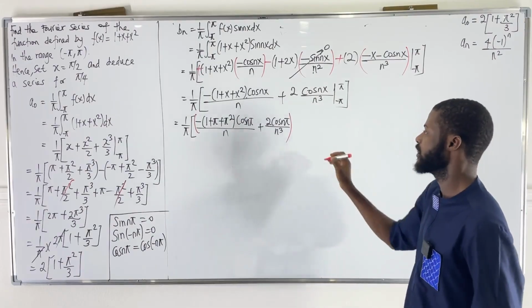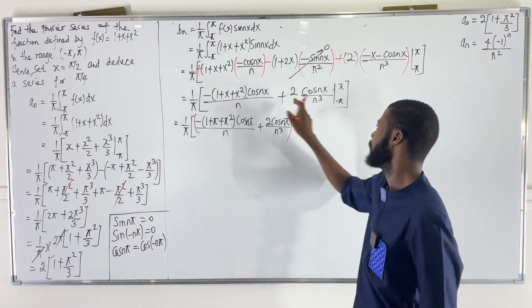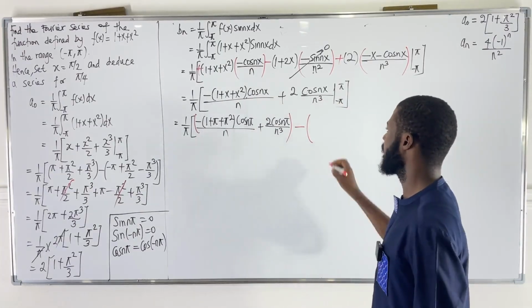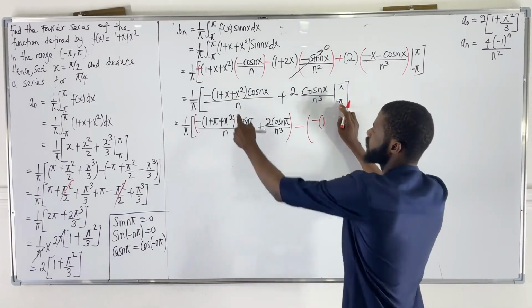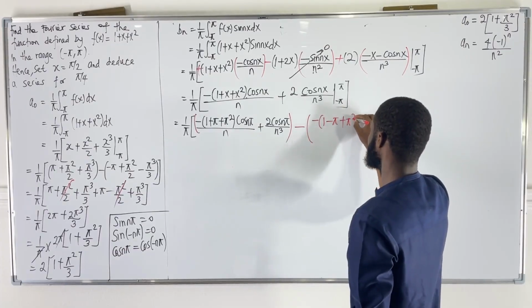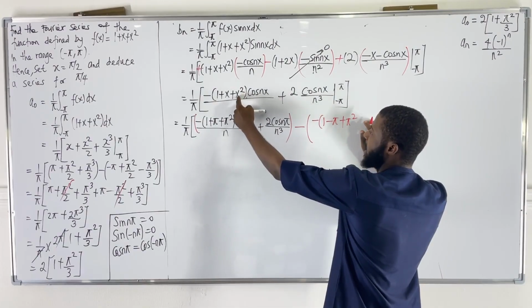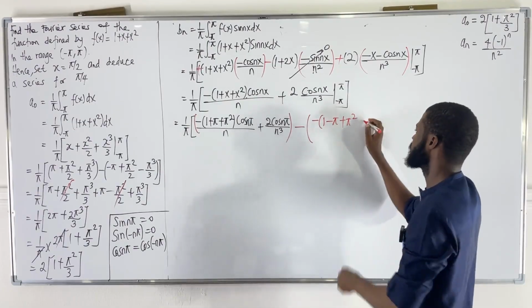Now the second part of this is to say minus, then anywhere I see x this time around, I'm going to be putting minus pi. So this is minus, open up a bracket, 1, put in minus pi here. So this is minus pi plus pi squared. Because if this is x squared and you put minus pi, squared will give us a positive answer. That's why this pi squared is here.